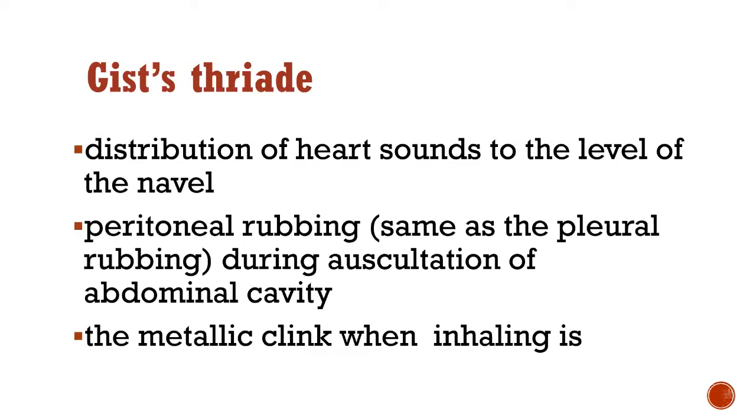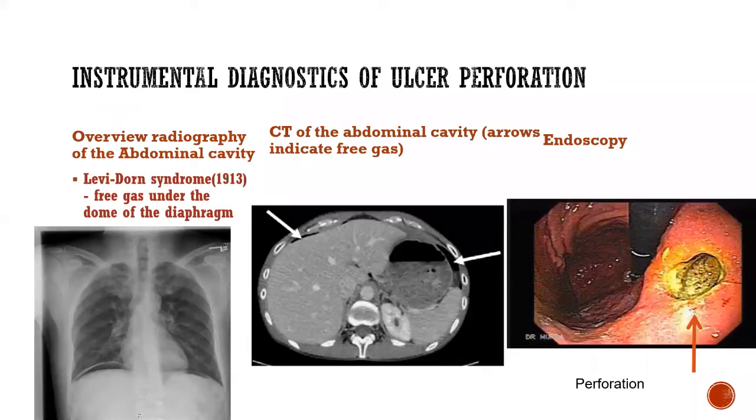Instrumental diagnostics. The first is the overview radiography of the abdominal cavity to search for the Levy-Jordan syndrome, which is free gas under the dome of the diaphragm.